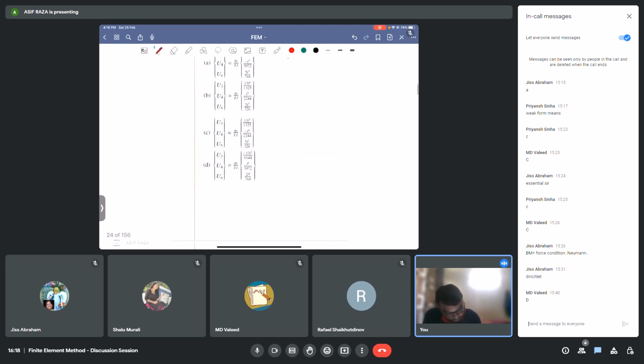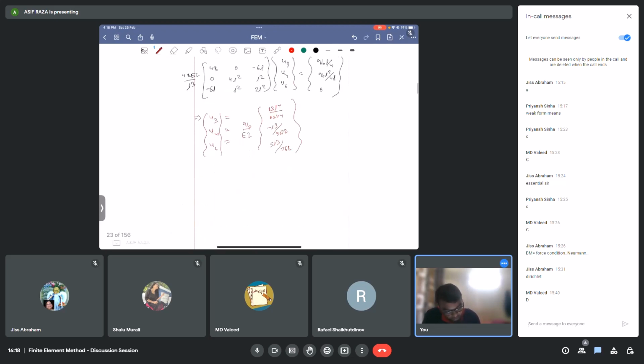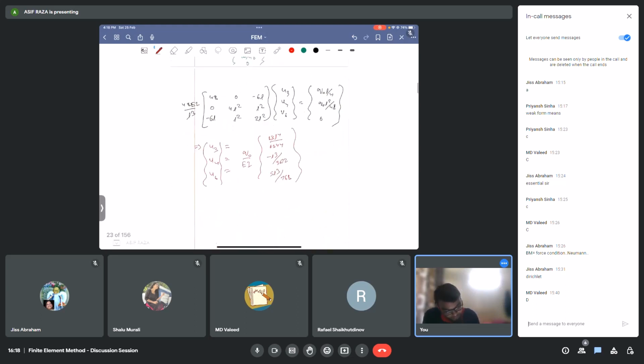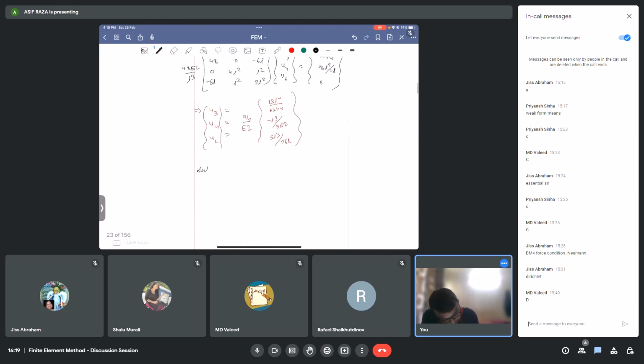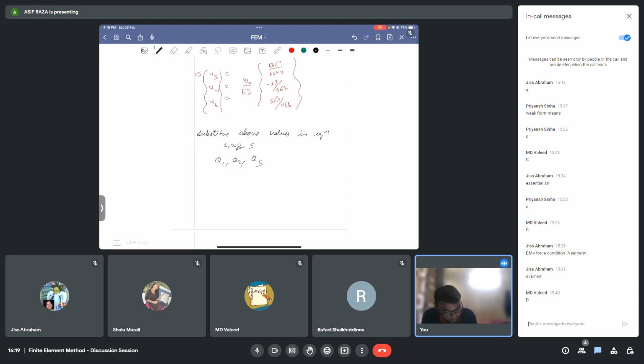And further, when we substitute these values, substitute the above values in equations 1, 2 and 5, we'll get the unknowns q1, q2 and q5.